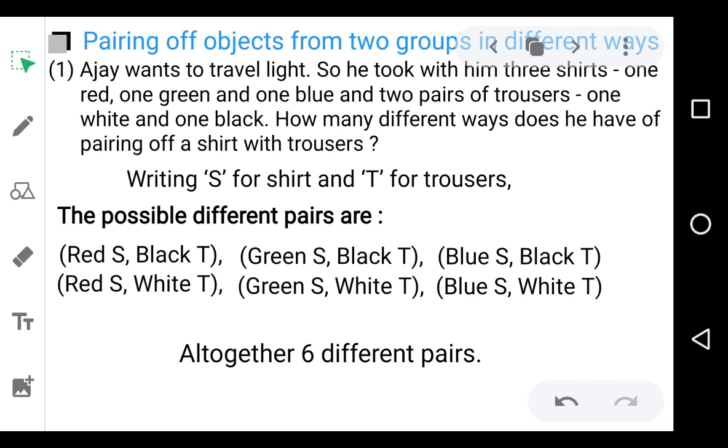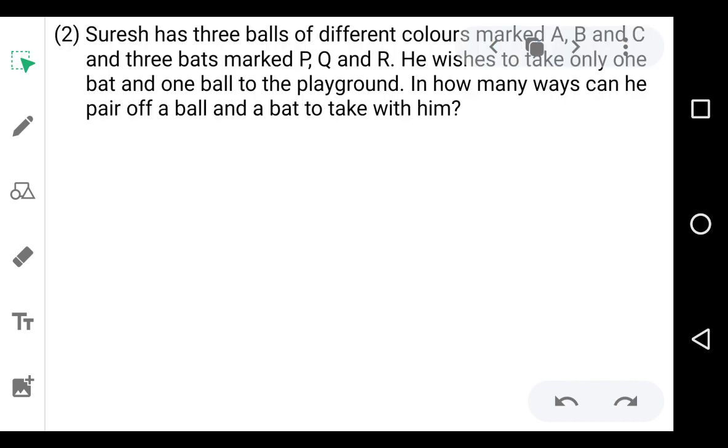Now see the next example. Suresh has 3 balls of different colors marked as A, B and C, and 3 bats marked as P, Q and R. He wishes to take only one bat and one ball to the playground. In how many ways can he pair off a ball and a bat to take with him?